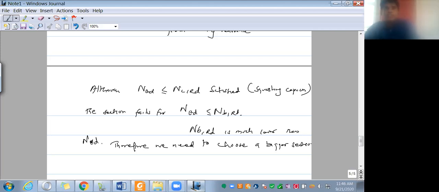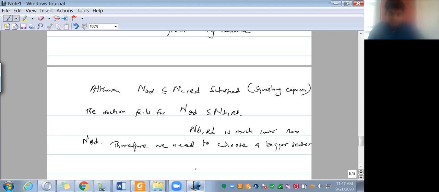That load is derived from the support reactions of the beam, and that support reaction is acting as a load on the column, and that load should be carried by the structure. So if N_b,Rd is less than N_Ed, then you have to choose a bigger section. So I would choose a slightly larger section for the next cycle.